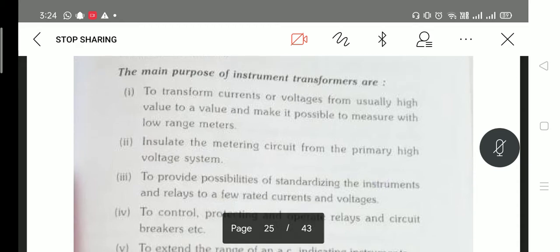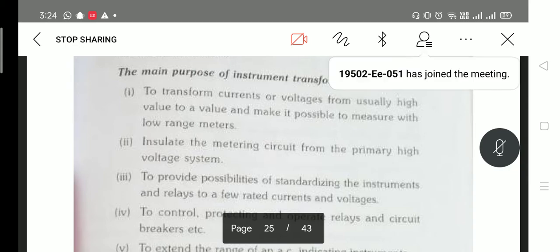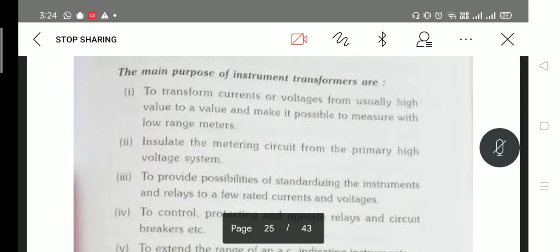The main purpose of this instrument is to transform the current or voltage from a usually high value to a low value, making it possible to measure with low range meters. The high voltage in the transmission lines can be transformed into a low value, and the metering circuit is insulated from the primary high voltage system.